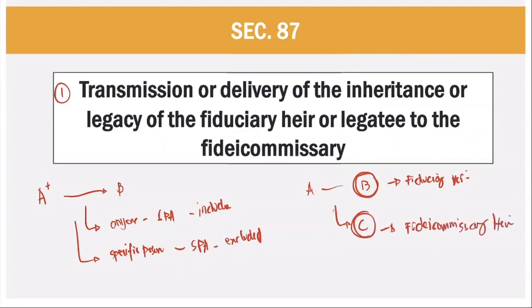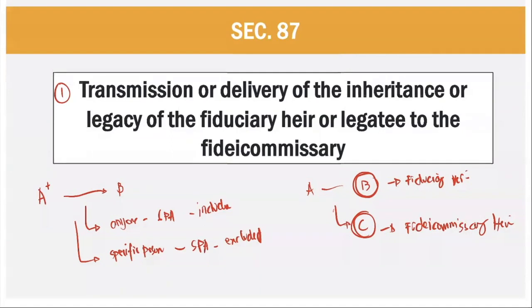Okay, so what is a fiduciary heir and what is a fideicommissary heir? A fiduciary heir is an heir that takes property subject to its passing to another heir. So, kukunin niya yung property, tapos ipapasa to another heir. But yung pagpapasahan niya lang dapat is fideicommissary heir.